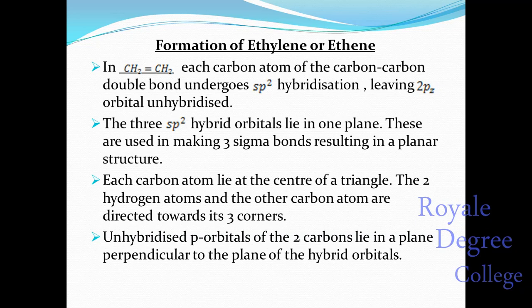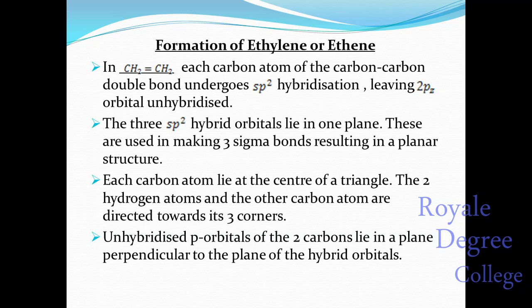The 3 sp2 hybrid orbitals lie in one plane. These are used in making 3 sigma bonds, resulting in a planar structure. Each carbon atom lies at the center of a triangle. The 2 hydrogen atoms and the other carbon atom are directed towards its 3 corners.